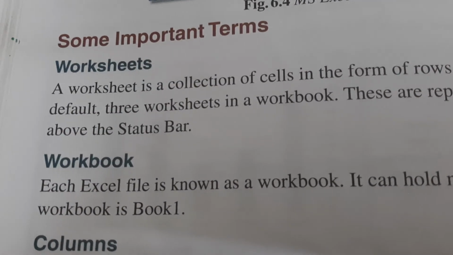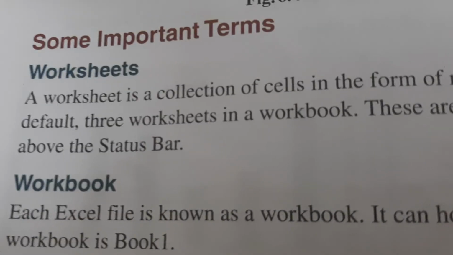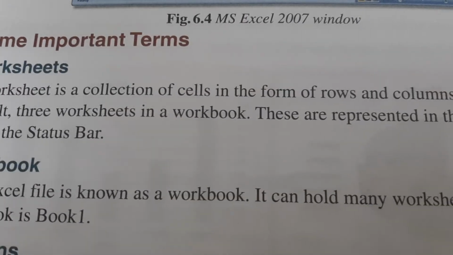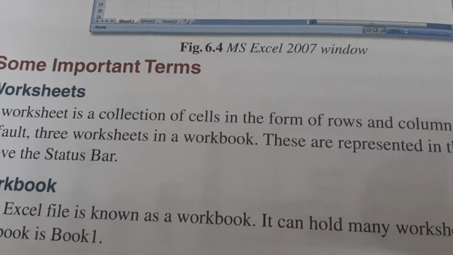Now we will learn some important terms of MS Excel. Worksheet. A worksheet is a collection of cells in the form of rows and columns, the one that you have seen. There are by default 3 worksheets in a workbook.